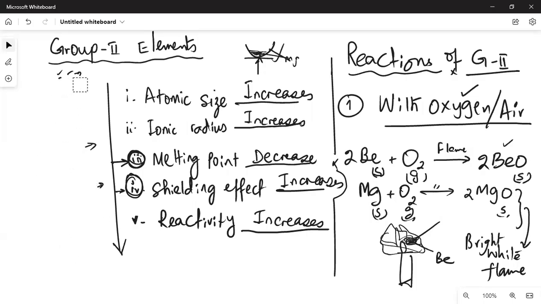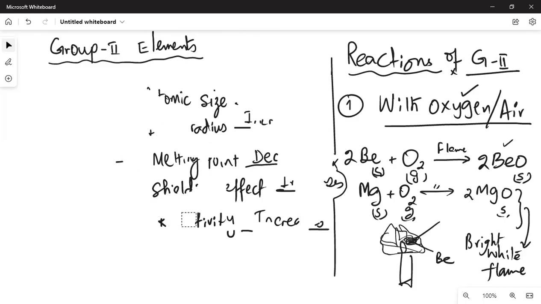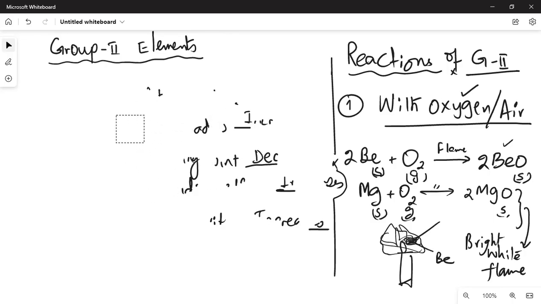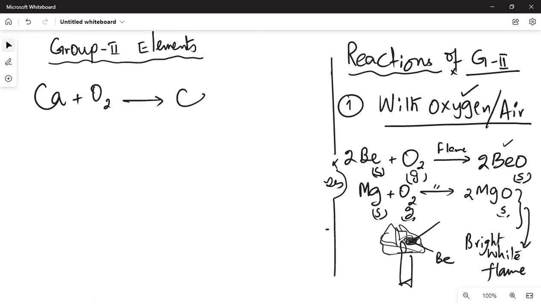Okay, next is the reaction of calcium. We will write the reactions of all the metals. This seems to be erasing better now, so I'll erase this. So after beryllium and magnesium, we have calcium. Calcium reacts with oxygen and makes calcium oxide.